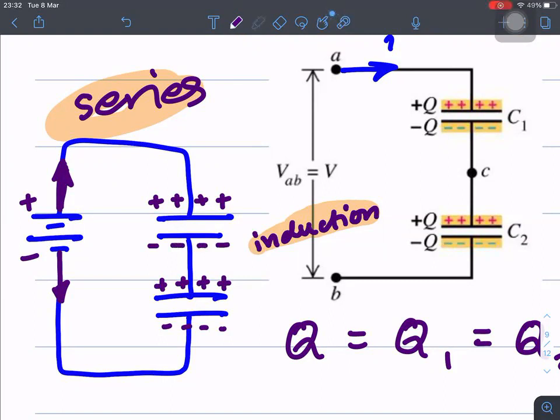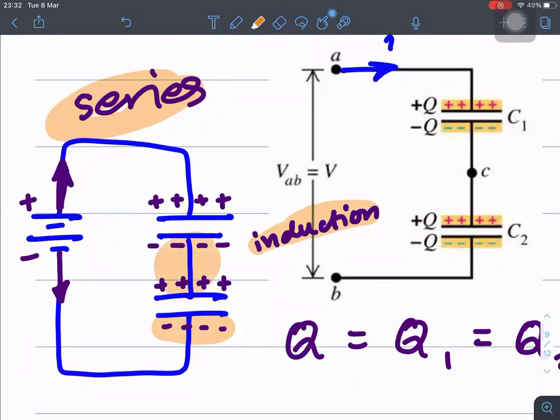It's just because of the Coulomb interactions between the positive and negative charges.